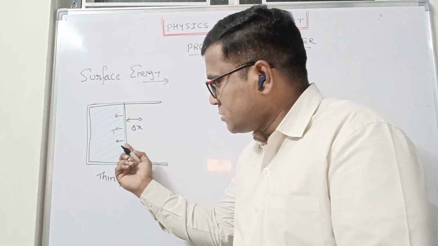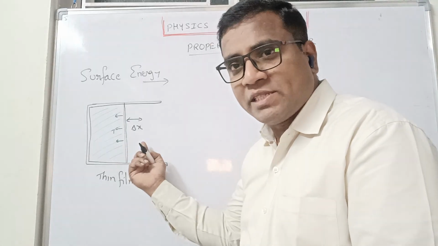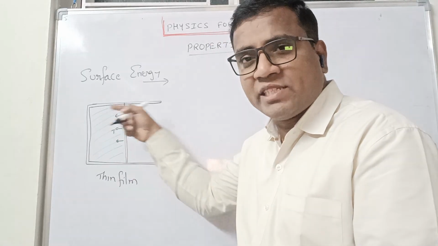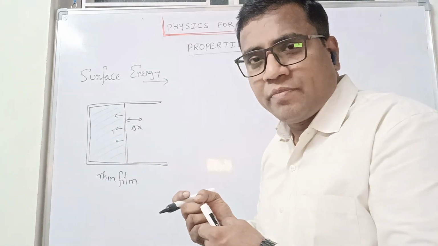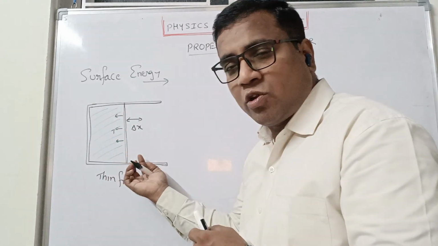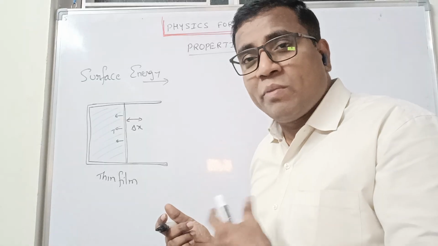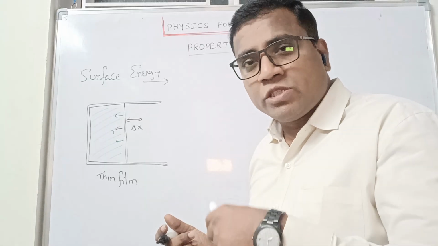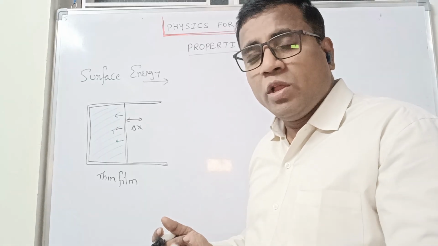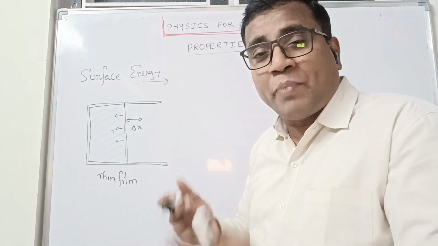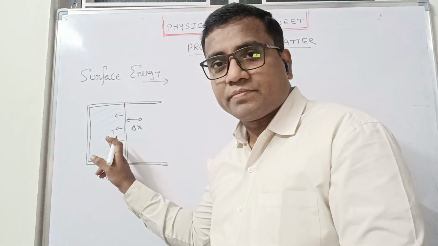In order to displace the rod, because when I am going to displace the rod, the tensional force is acting in this direction, it will again pull the body. So in order to displace this rod, how much minimum force do I have to apply? The minimum force should be equal to the force developed by this tension.